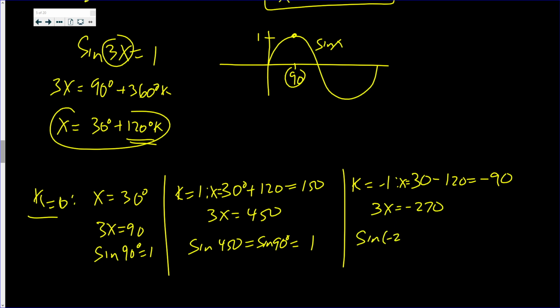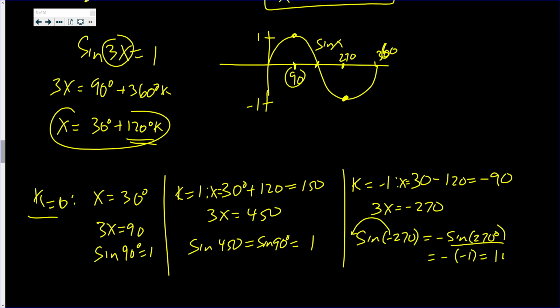And the sine of negative 270, well, the sine has a rule: the minus can come in front. So it's minus the sine of 270. 90, 180, 270, 360. The sine of 270 is negative 1. So you have negative this, and this is negative 1. So yep, I get back 1. Seems to be working fine for me. On an exam, you can check that.